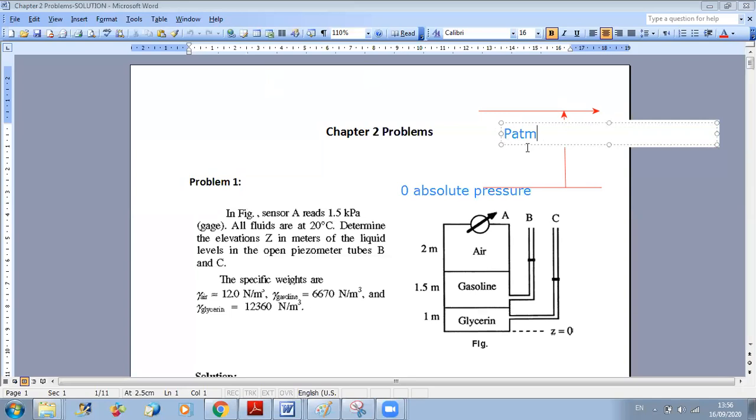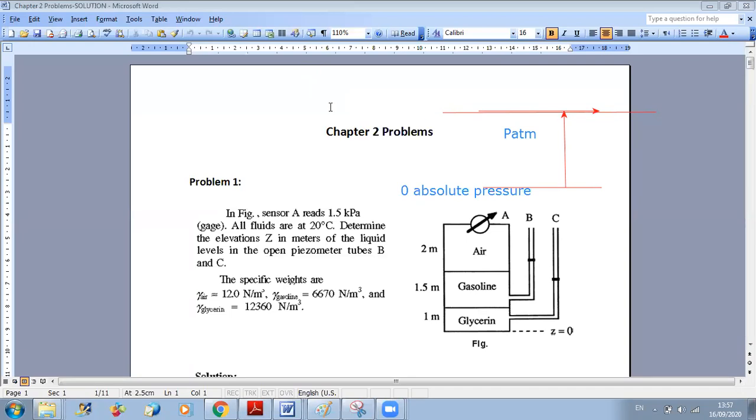Because the atmospheric pressure is widely used, in case you have a value of pressure below it, instead of saying that I have a value lower than P atmospheric, I can take P atmospheric as reference. Because it's a very common pressure, sometimes we take it as a reference. And we say, if I work in gauge pressure, this is my reference.